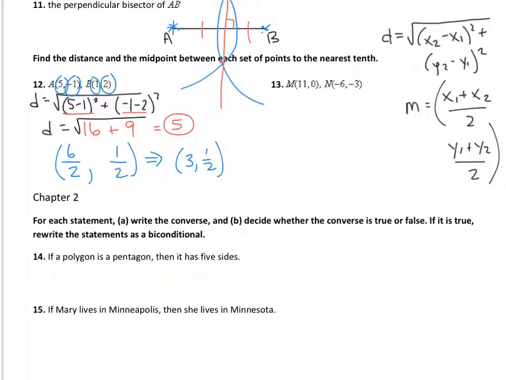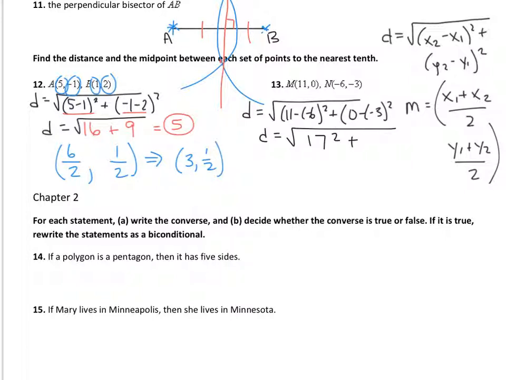And then now I'm going to do the distance formula on the next one. So I plugged in 11 minus negative 6, so it's the square root of 17 squared plus 3 squared. Excuse me. So 17 squared I think is 289. But let me check. So 17 times 17 is 289.